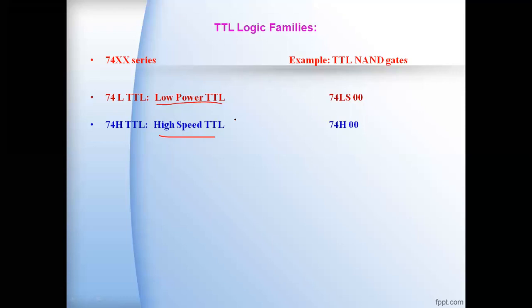These logic families were introduced in 1960 and used till 1970, 74L and 74H, low power TTL and high speed TTL. But after the 1970s, with the development of the Schottky transistors, it became possible to have both low power and high speed in a single logic family.